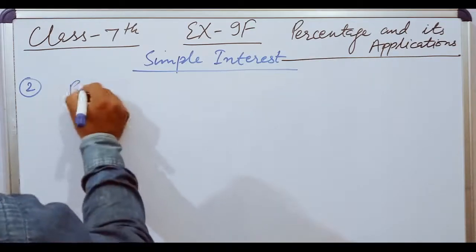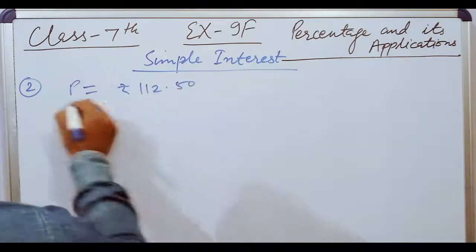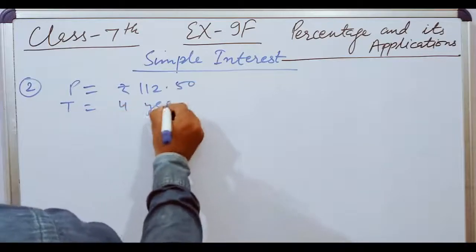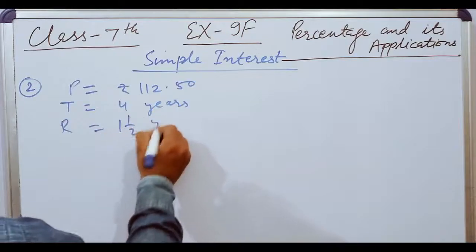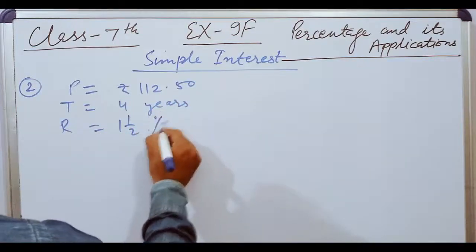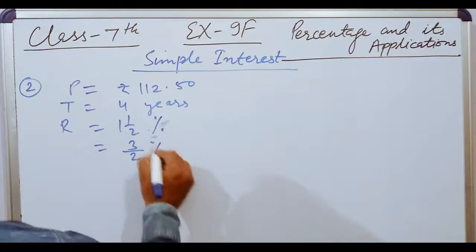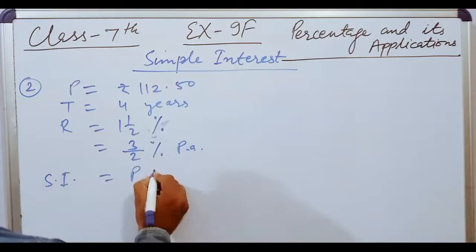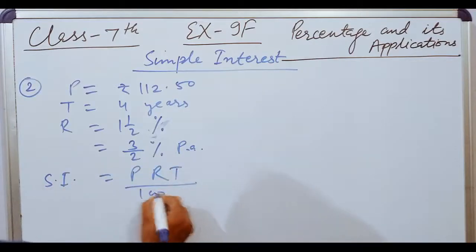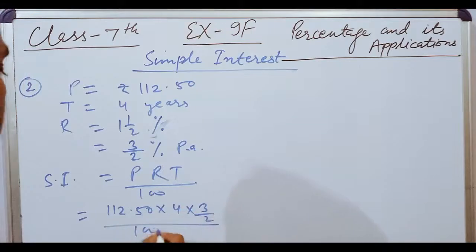So principal equals rupees 112.50, time equals 4 years, and rate equals 1 1/2% per annum, which is 3/2% per annum. Then SI equals PRT upon 100, that is 112.50 into 4 into 3/2 upon 100.